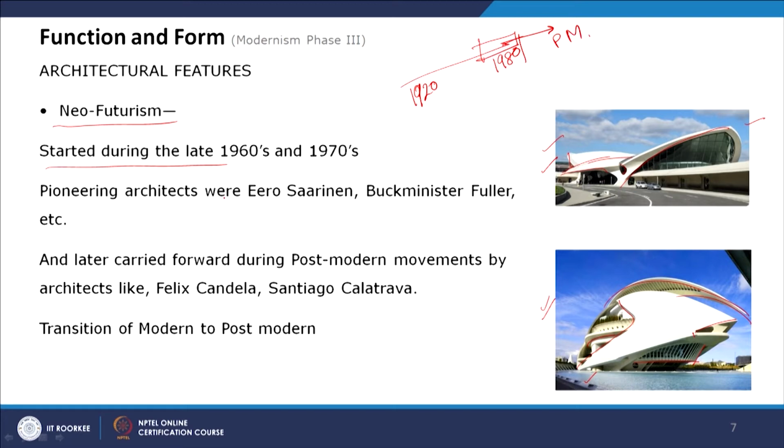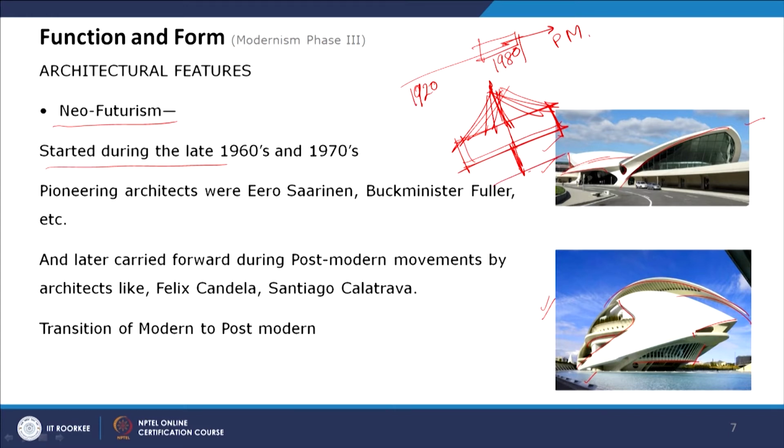The pioneering architects were Eero Saarinen and Buckminster Fuller, who designed Buckminster Fuller's house, which was again a tensile structure, and there was a mast, and the main volume of this architecture, the space, was hanging from this mast through the tensile members.